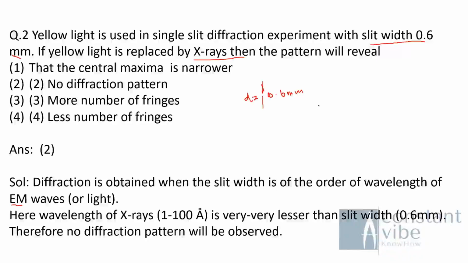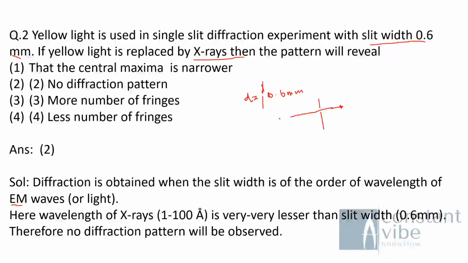Instead of that, we make it X-ray light. The X-ray wavelength is very small, so it will easily pass through the slit, and there will not be any diffraction.